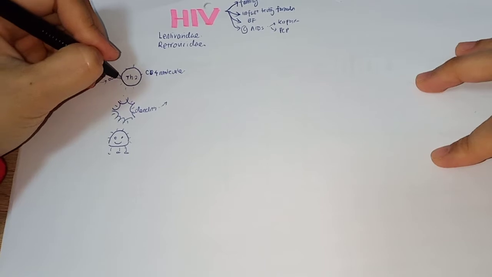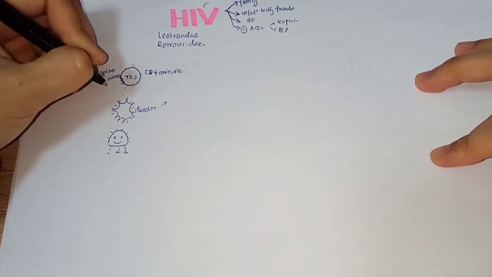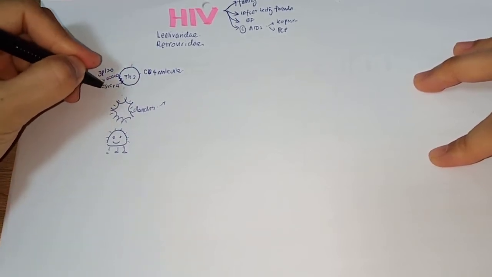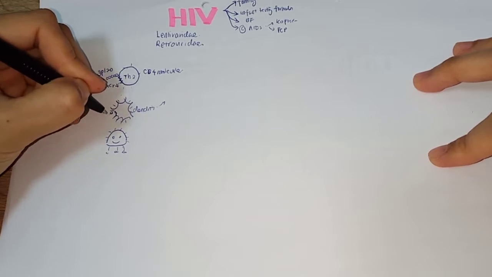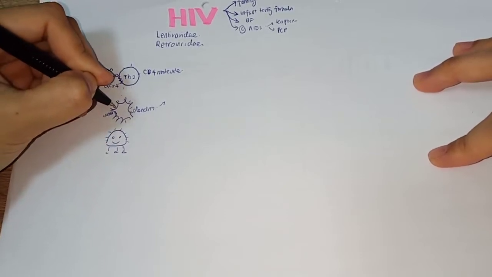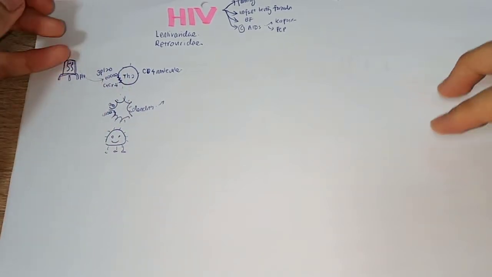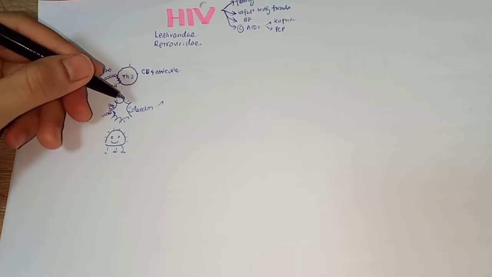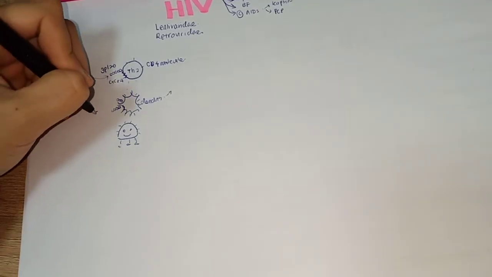On the T helper cell there is a co-receptor called CXCR4, while the co-receptor for the dendritic cells and macrophages is CCR5.